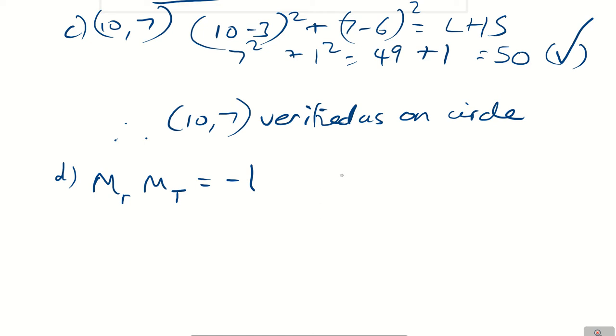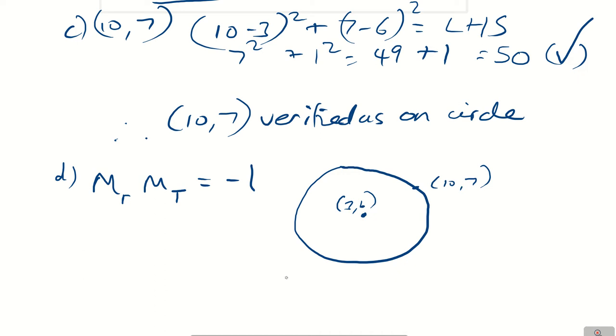So if I've got a circle, here's a circle, and I've got the centre there, and the centre's the point 3, 6, and we're looking at the point 10, 7, which is, I don't know, about there. That's the point 10, 7, and we're looking at the radius, which I'll try and draw, not very successfully.